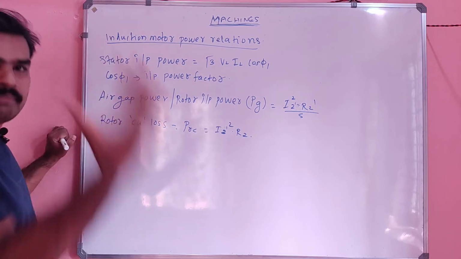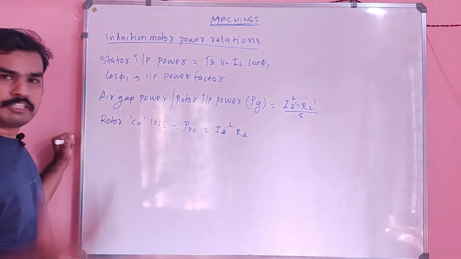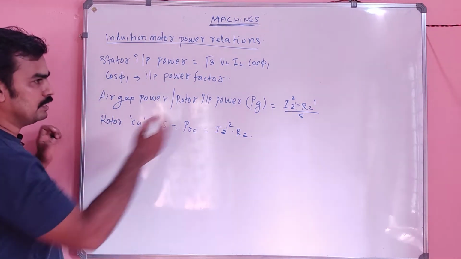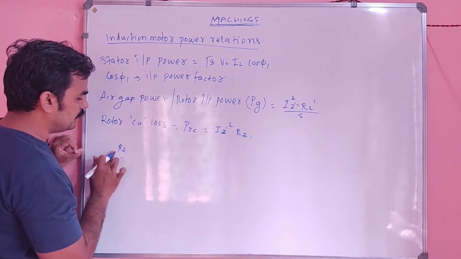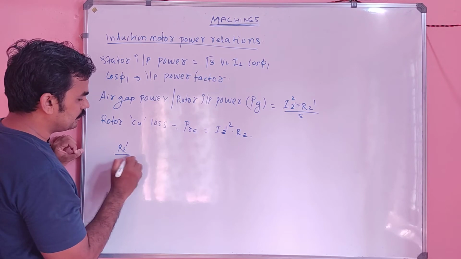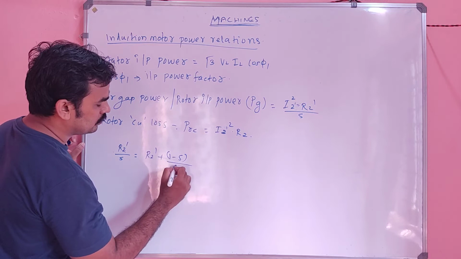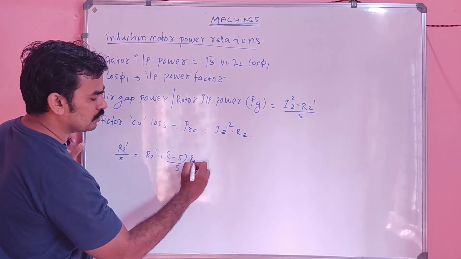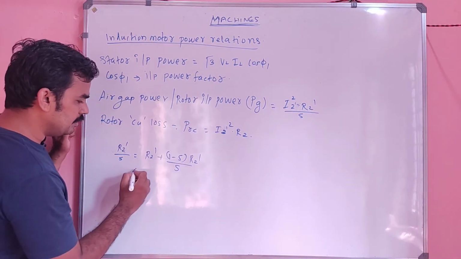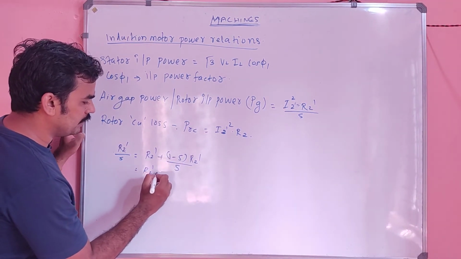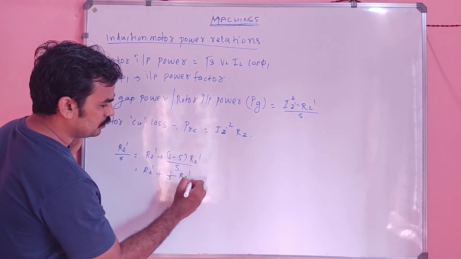That is actually a deep concept. You can explain it with this: R2 dash by S can be split as R2 dash plus (1 minus S) by S into R2 dash.